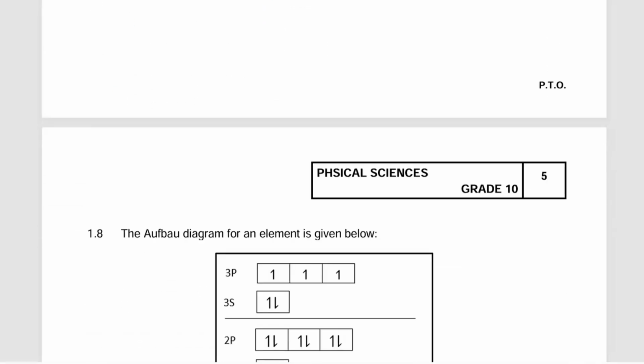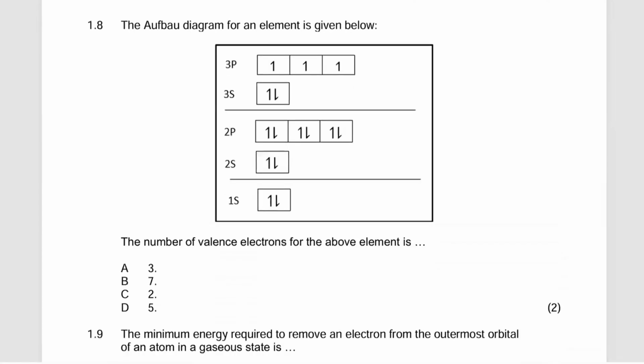Then we move on to 1.8, which is our orbital diagram. It reads: the orbital diagram for an element is given below. Now the number of valence electrons for the above element is, so we're trying to find the number of electrons found on the outer shell.